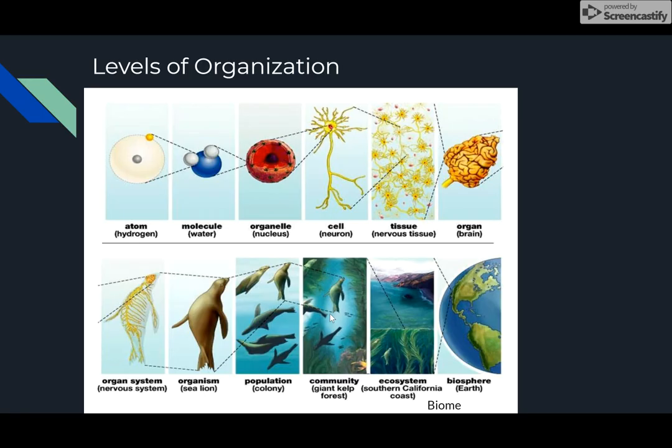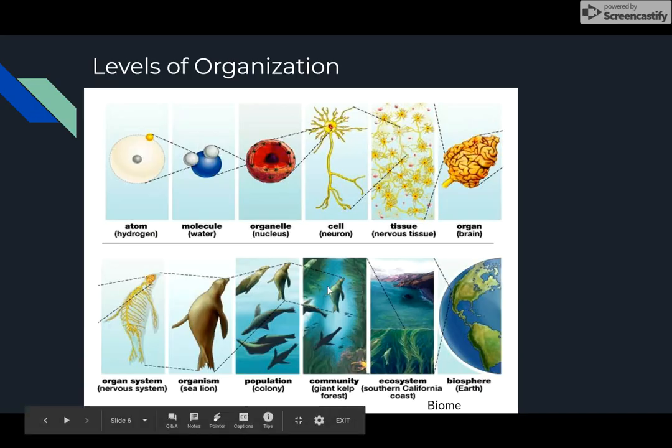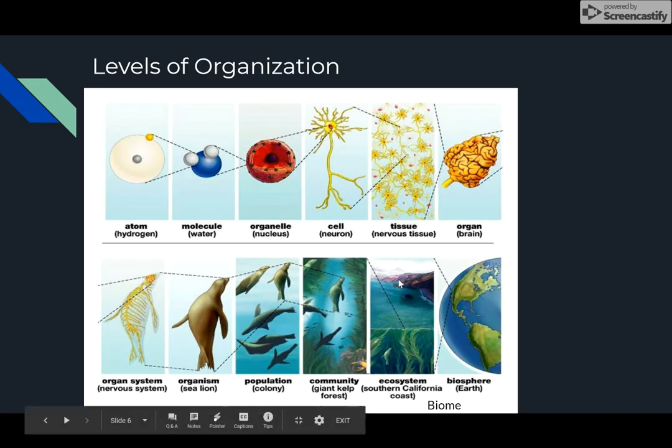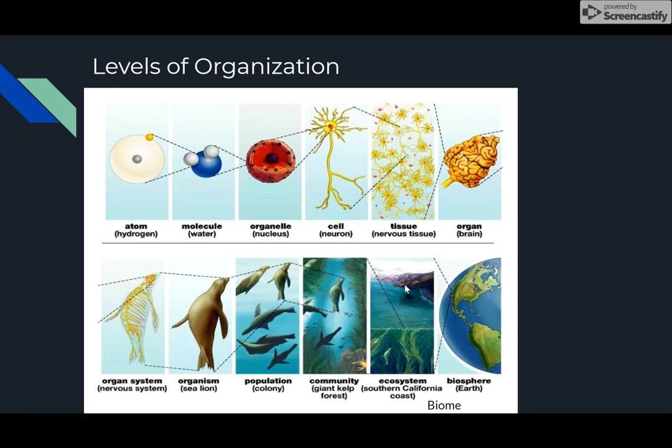This would include the fish living in this area. This would, of course, include the sea lions living in this area. When you add in the abiotic factors, you get an ecosystem. So the ecosystem includes things like water quality, sunlight availability, soil quality. Those are all aspects of the ecosystem.